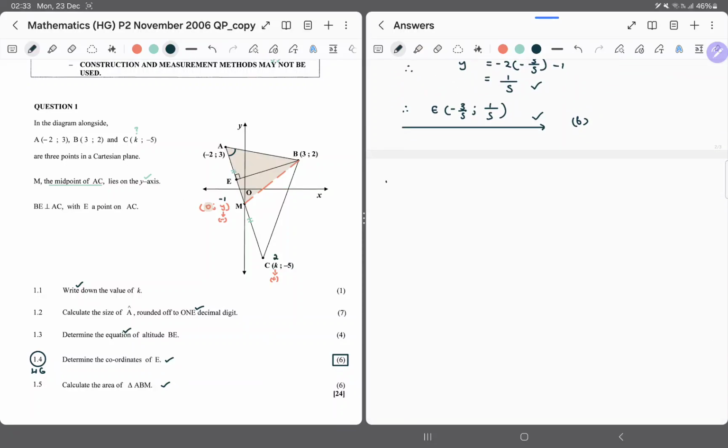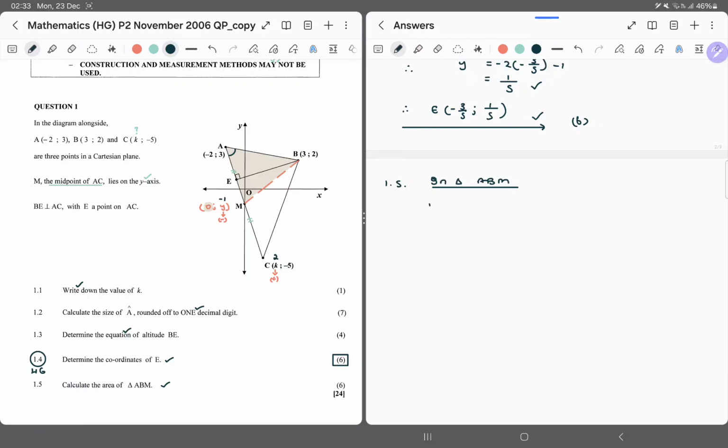Okay, let's do 1.5. So 1.5, we need to find the area of triangle ABM. So we know that in triangle ABM, what do we see? Well, we need to find this height and this, we just need to find that.